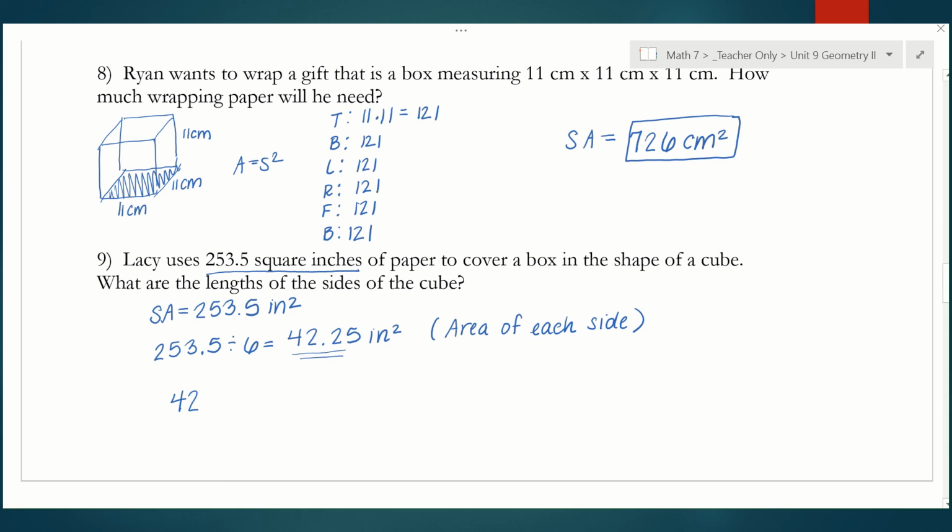The square root of a number tells me what times itself gave me that number. So if I take the square root of 42.25, I'm going to get 6.5. And so what that means is that each side of that cube must have been 6.5 inches. 6.5 times 6.5 gives me 42.25, and then I multiplied that number by 6 and got my surface area. So that's how you can kind of work backwards to check.